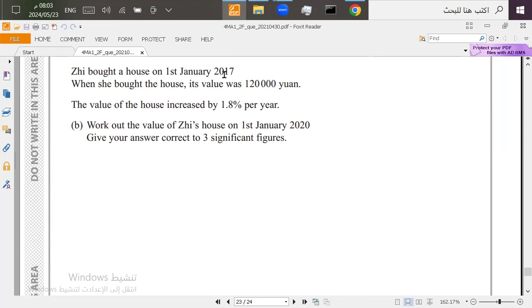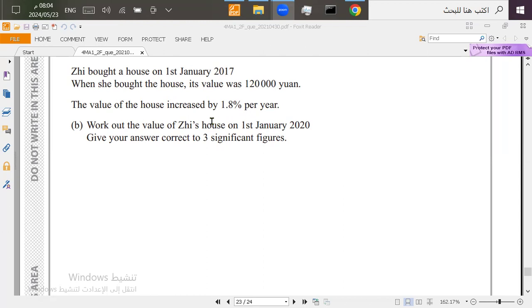As you notice that there is a difference of 3 years between them. So the difference is 3 years here. Okay. Now, because the difference is 3 years and it will increase 1.8 per year from the value, it means we're going to do what? So the increase is per year.